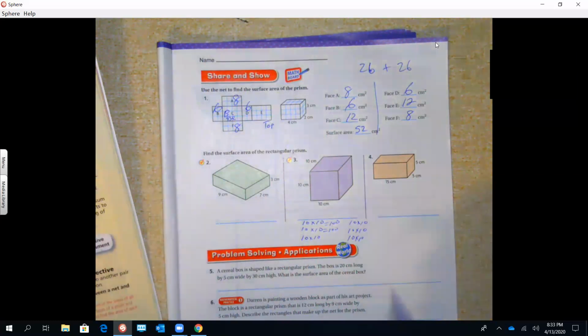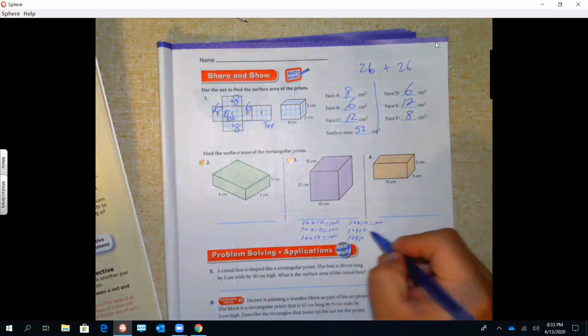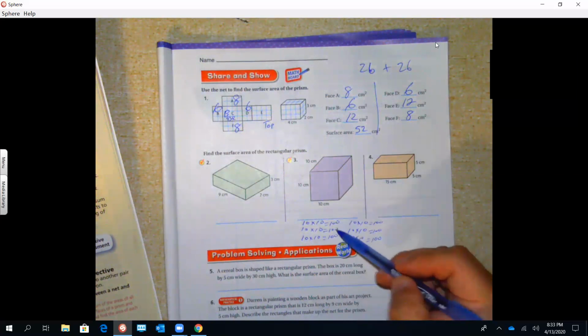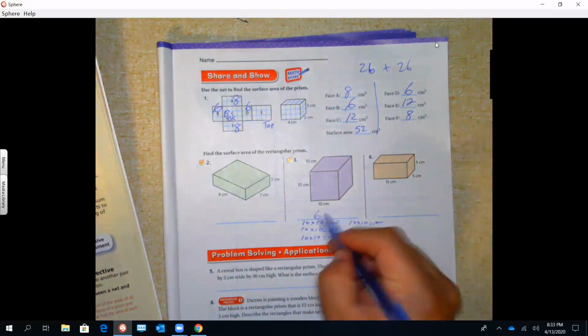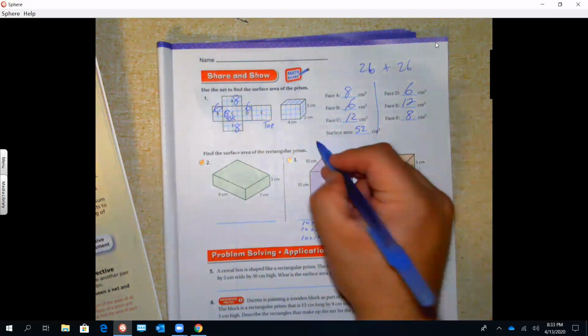So this is 100, 100, 100, 100, 100, 100. So 1, 2, 300, 4, 5, 600. This is our cube, because there are 6 faces.